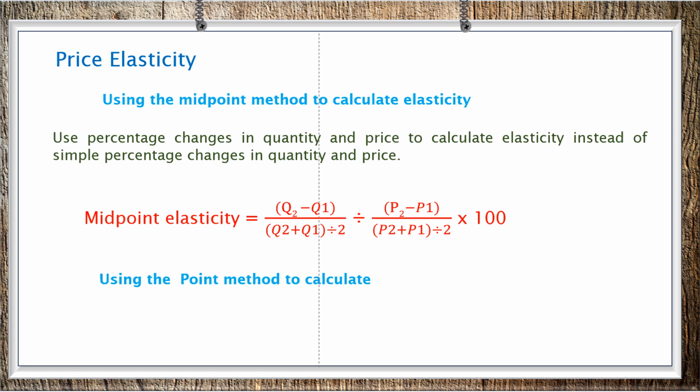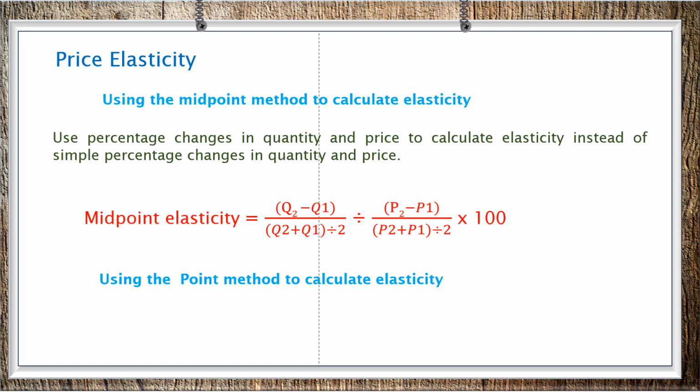The other method we use in calculating price elasticity is the point method. The reason we prefer the point method is because the midpoint method sometimes has a drawback. As the 2 points get further apart, the elasticity value loses its meaning.